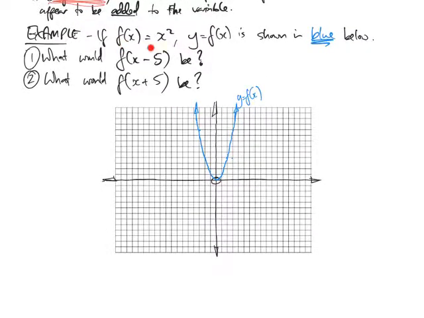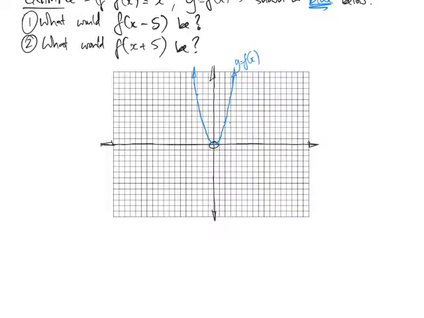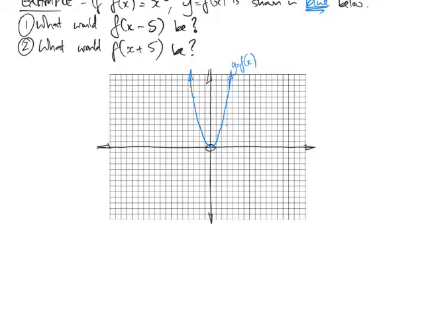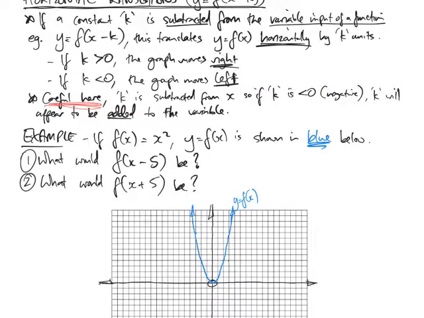Alright, so let's have a think about this example. If our function again was x squared, and I graph it, I've drawn the graph in blue below. What's going to happen to that graph? What will that graph look like if 5 is taken away from the variable? So let's have a look back at our rules here. If the constant is greater than 0, if it's positive, the graph moves right.